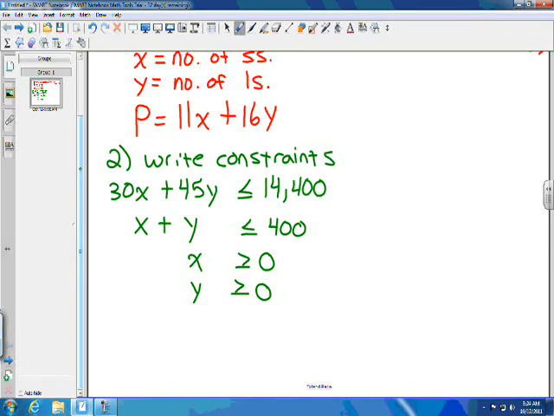So we can divide all of these by 15 to simplify this one a little bit. Which would give us 2x plus 3y is less than or equal to 960. 960 is still not that easy to graph, but it's easier than 14,000.